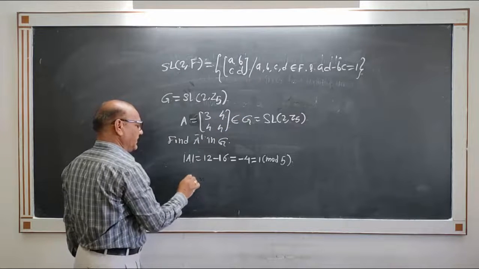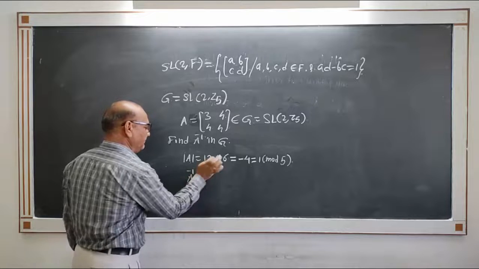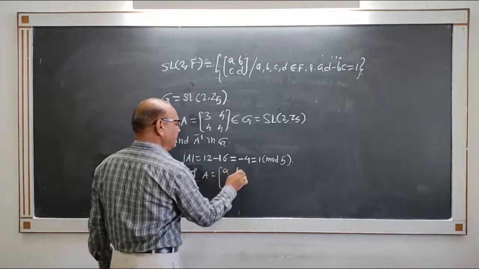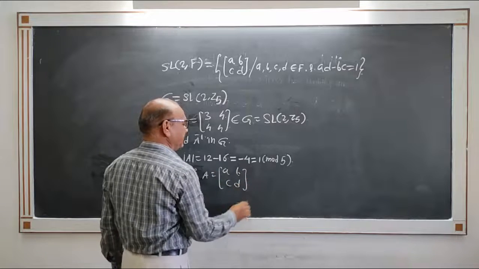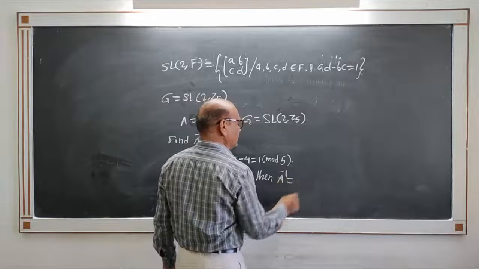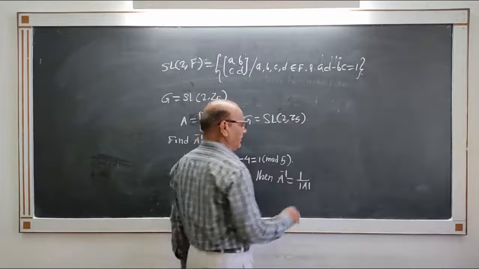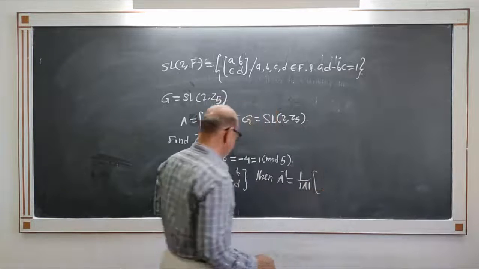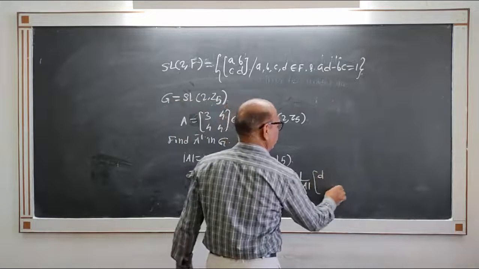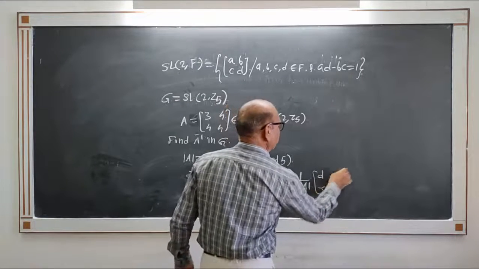Now A inverse: if A is equal to the matrix A, B, C, D, then A inverse is equal to 1 upon determinant times the matrix where we interchange these two diagonal elements and change the sign of only the other two elements.